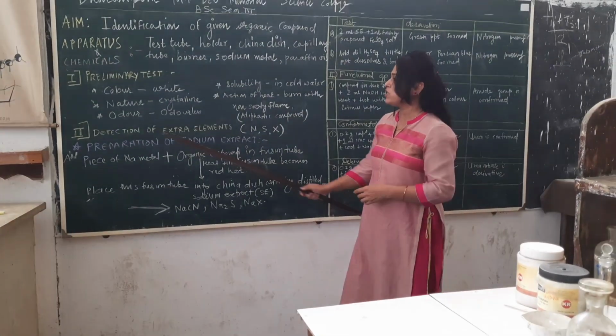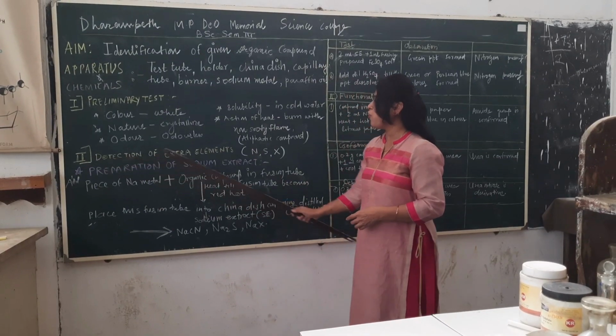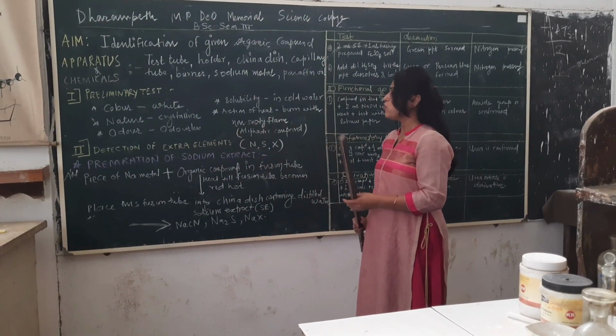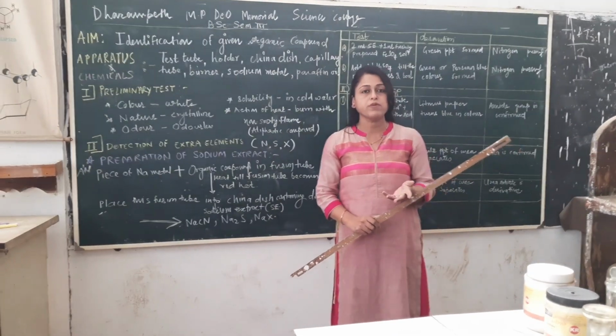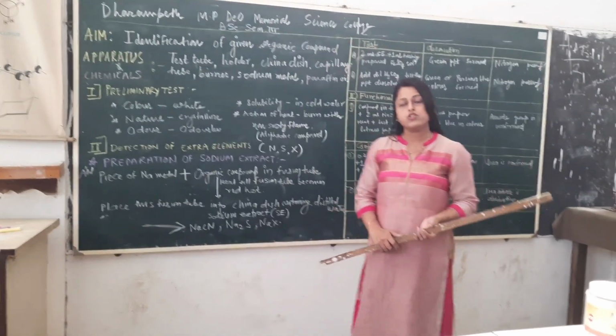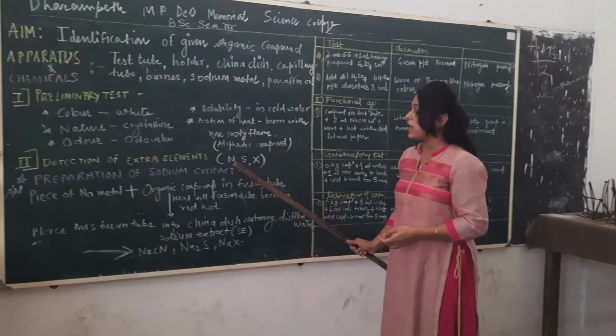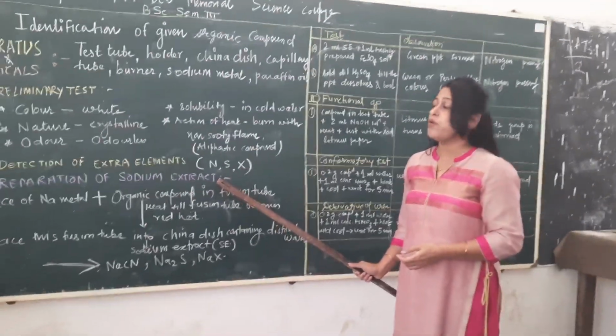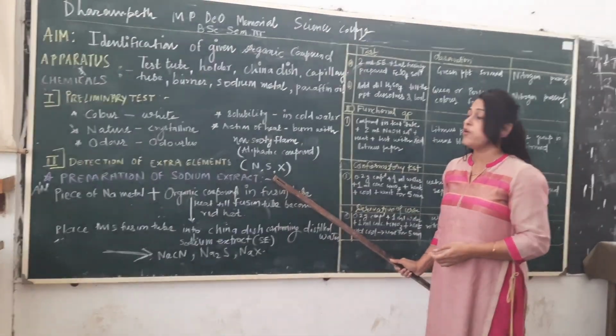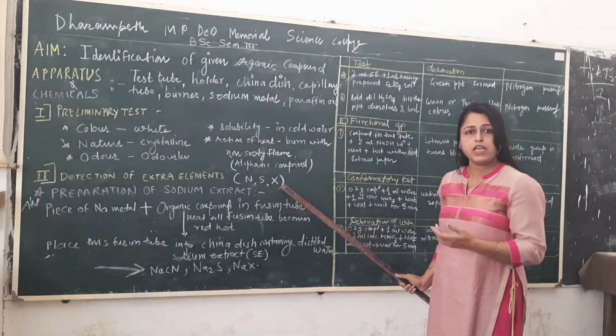Now let us come to the second part, that is detection of extra elements. What extra elements may be present in the given compound? It is quite possible that nitrogen will be present, or sulfur, or X means halogen, any halogen.